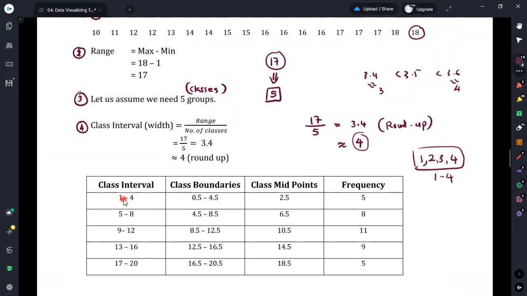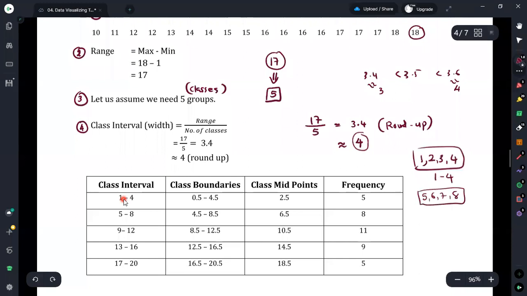In a similar manner, we will start from the next value, which is 5, then 5, 6, 7 and 8. That would be the next class. That is why we take the second class as 5 to 8. Then the next class is 9, 10, 11 and 12, so 9 to 12.